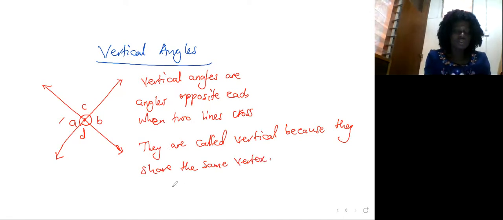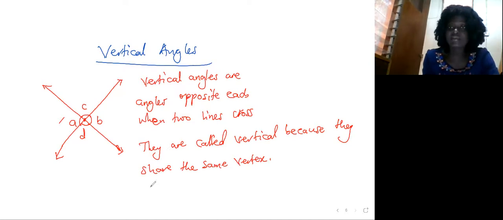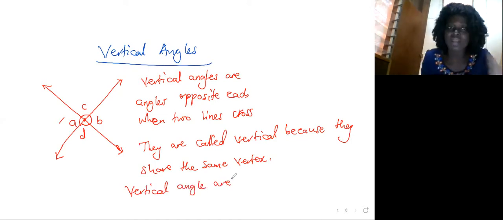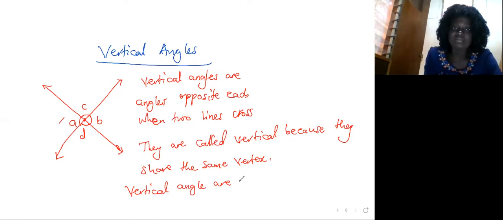Okay, all right. So vertical angles are also what? Equivalent. I'll give you some examples and how to solve it, okay? So vertical angles. I want to teach you everything about vertical angles, okay? So as you are learning, you're taking notes. Vertical angles are equivalent.